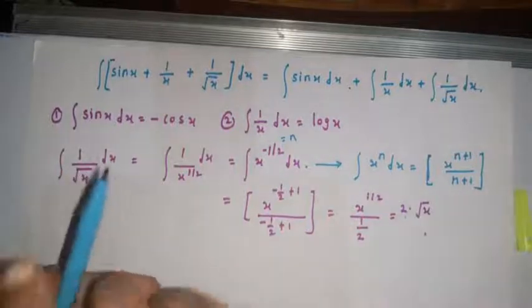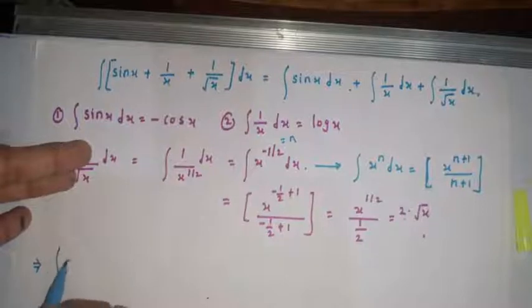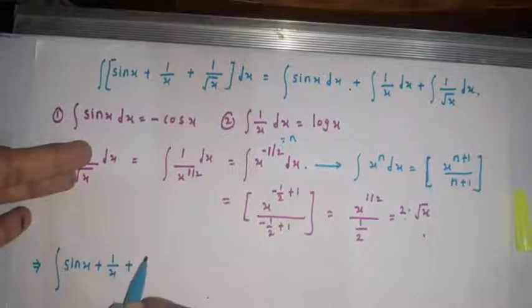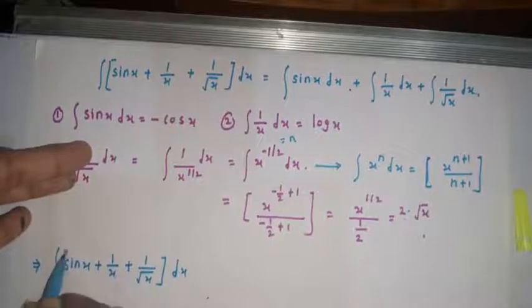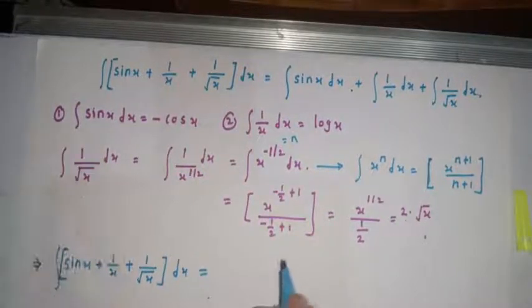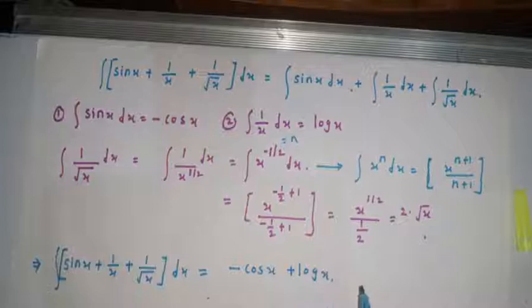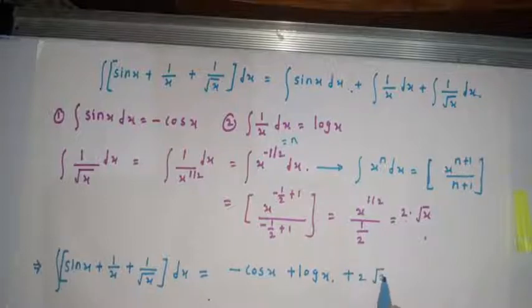And hence now write down the integration of sin x plus 1 upon x plus 1 upon root x, whole with respect to x, and that is equal to minus cos x plus log x plus 2 root x plus constant of integration.